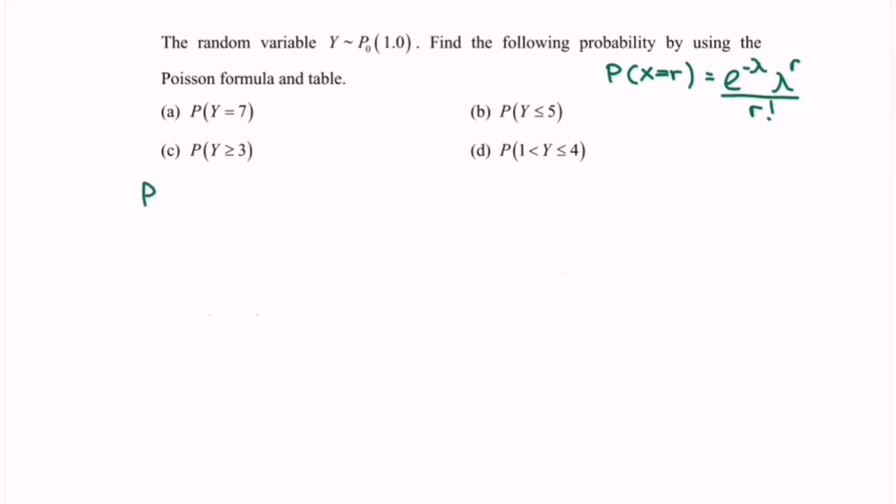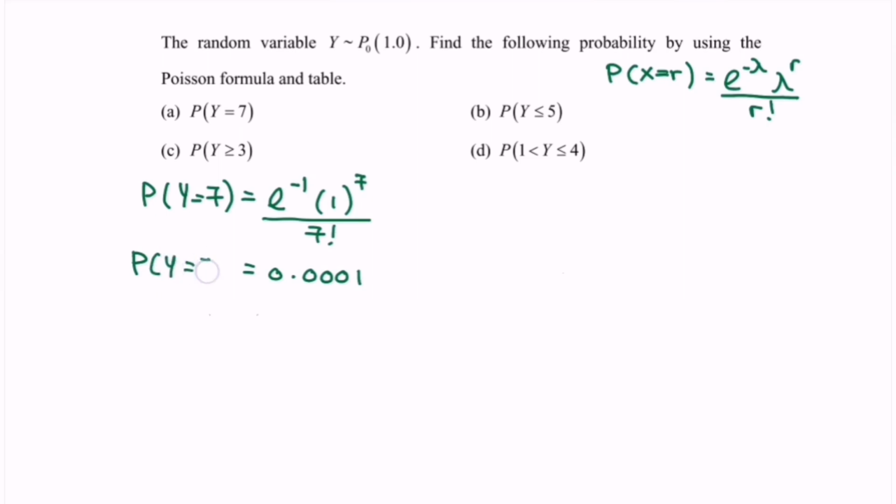The probability that Y is equal to 7 is equal to e to the power of negative 1, where lambda represents the mean. Then we have 1 to the power of 7, because r is equal to 7, over 7 factorial. By using the calculator, we have the value 0.0001. That will be the probability that Y is equal to 7.